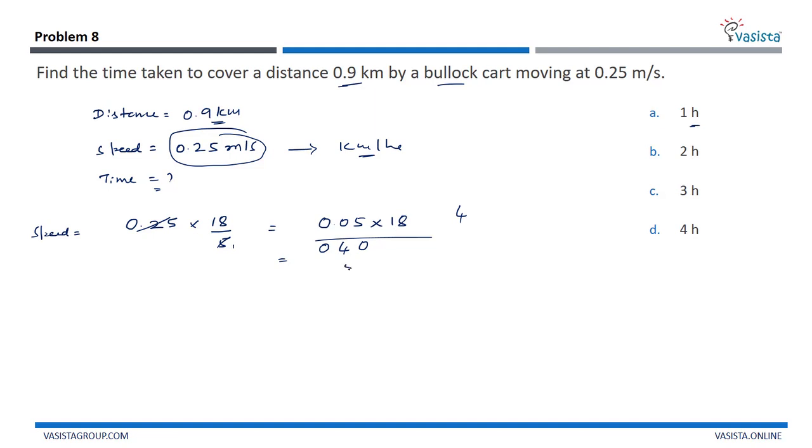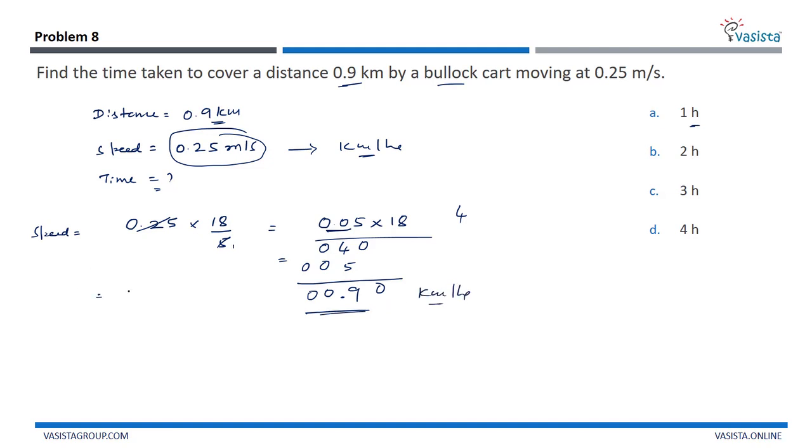Then 1 five is 5, 1 zero is 0, 1 zero is 0. Now 0, 5 plus 4 is 9, 0, 0. After 2 decimal points we need to place the decimal, so this is going to be 0.9 kilometer per hour, right?